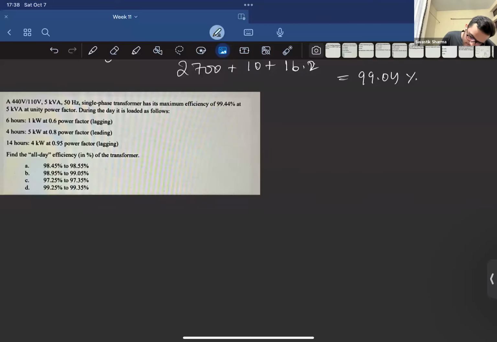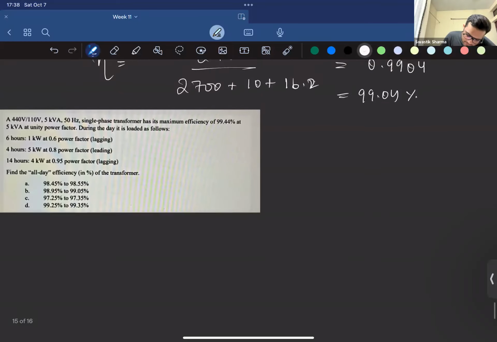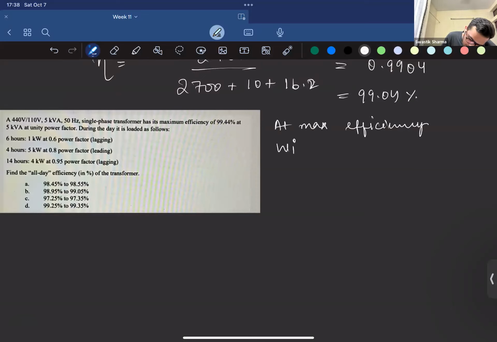Okay. So we know at maximum efficiency what happens. Wi is equal to WCU, right?